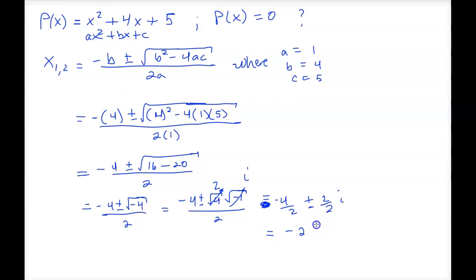That will give us negative 2 plus or minus 1i, which is just negative 2 plus or minus i. And if we go back to the problem that we were talking about before, we'll see that one of those answers, negative 2 plus i, was the one that we were asked to evaluate, and we saw that we got 0 for that outcome.